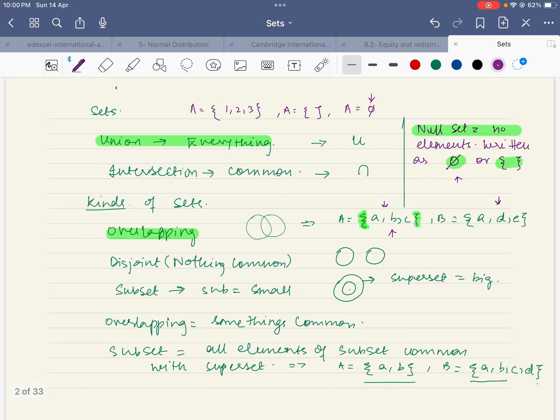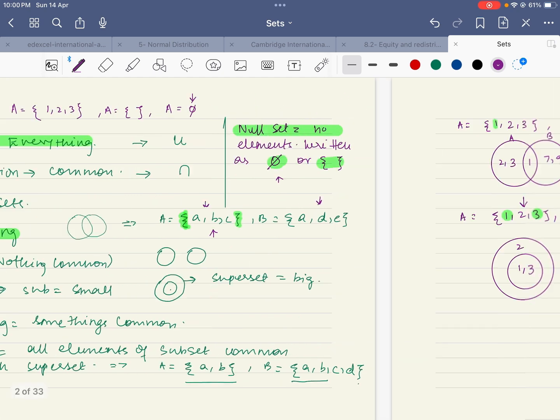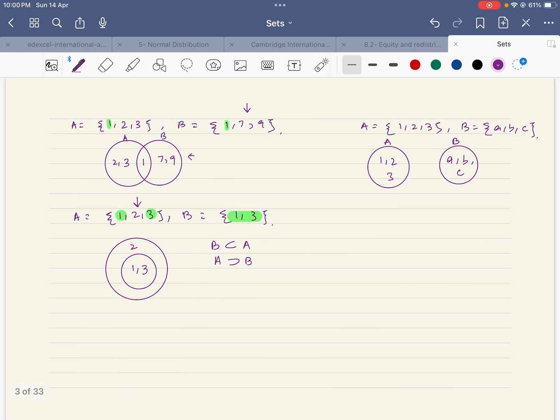Then we have operations that are done on the sets. What are the operations? Two kinds of operations, union and intersection. Union, as the name suggests, is all the members, or union means add or everything together.